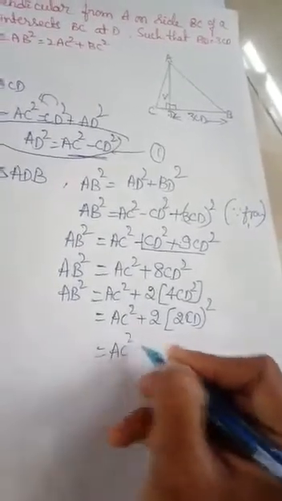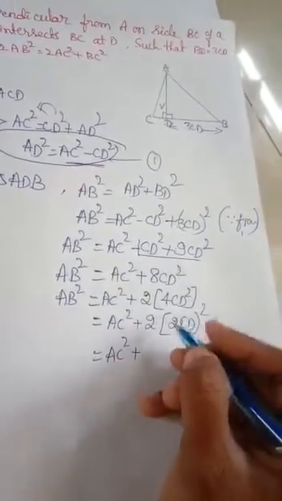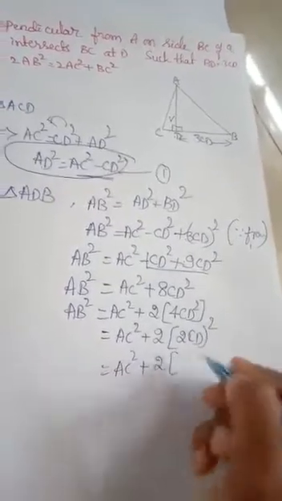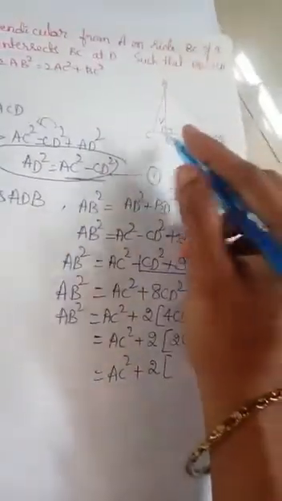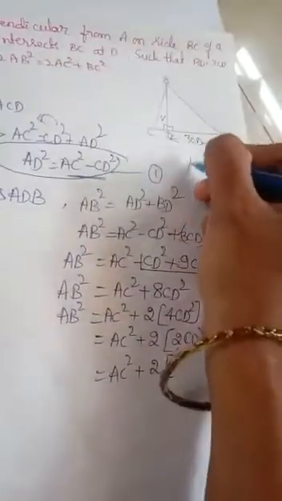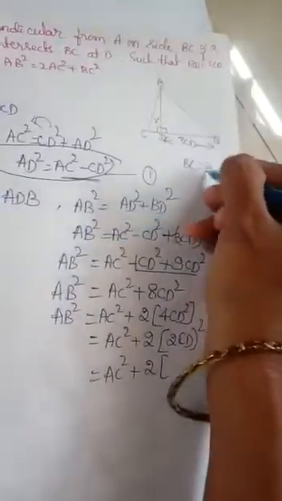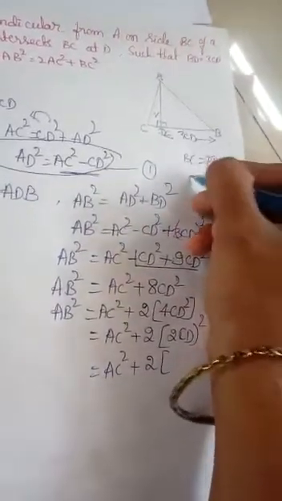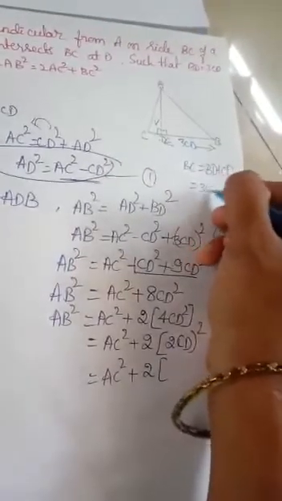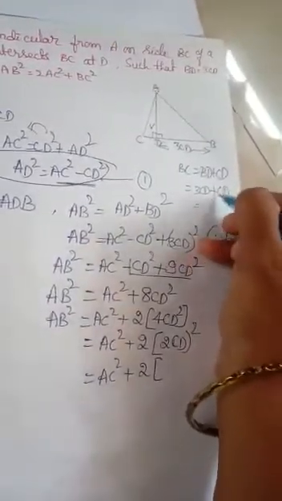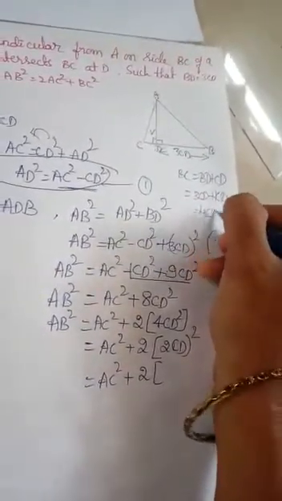AC square is equal to 2 times 2 CD whole square. Now BC is equal to BD plus CD. BD means 3 times CD, plus CD, so 3 plus 1, 4 times CD is equal to BC.